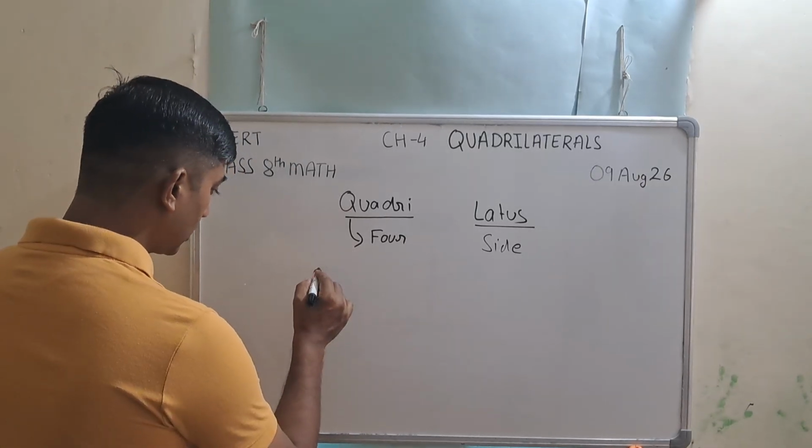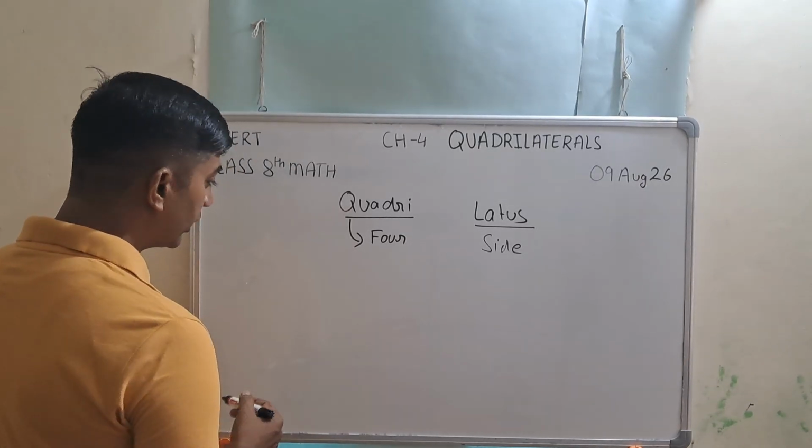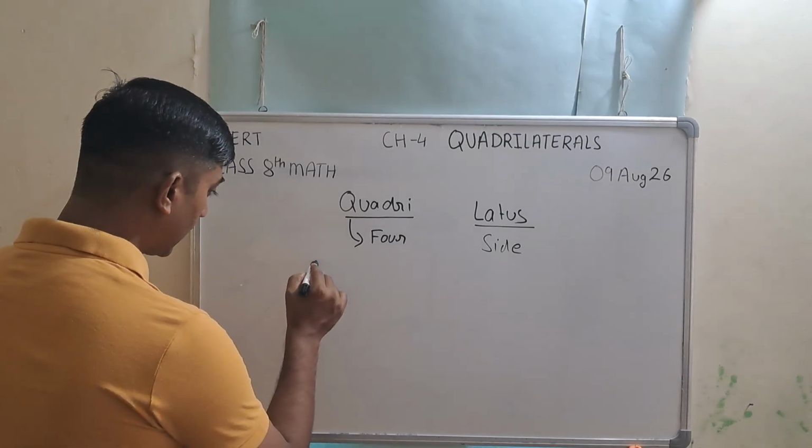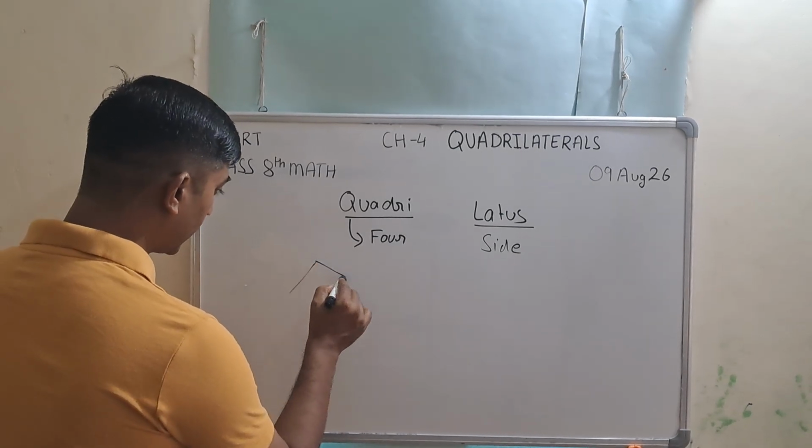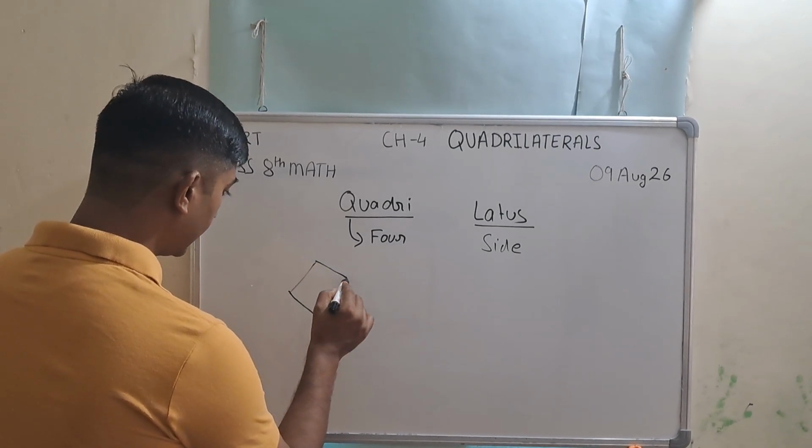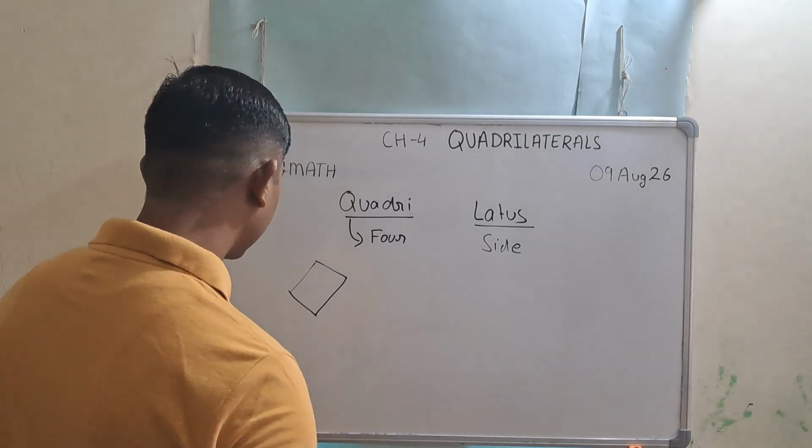Now see, your book is having some examples of drawing. I am going to draw those drawings so that you can have an idea of the quadrilateral.